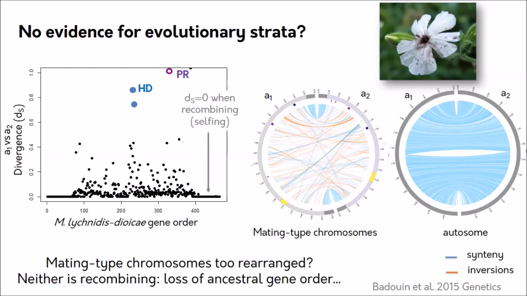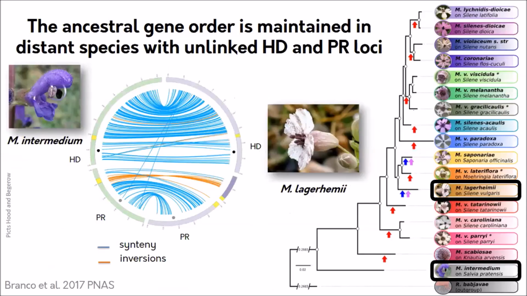You need the ancestral gene order to reconstruct the history of the evolutionary strata if there have been first recombination suppression around the mating type gene and then away from the mating type gene, but you need the ancestral gene order to see that, right? So we looked for the ancestral gene order by sequencing outgroups that had still recombining mating type chromosome.